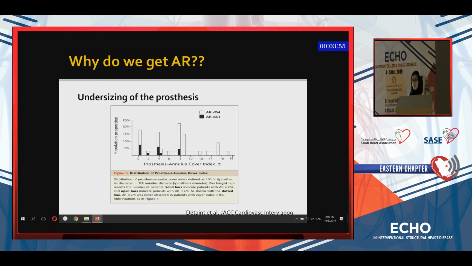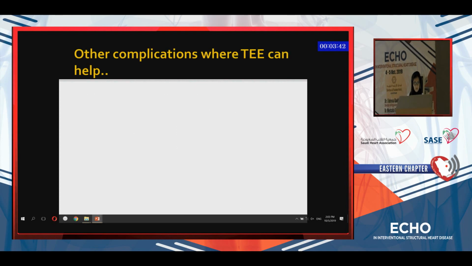If that value is greater than or equal to 8%, the chance of you having severe aortic regurgitation is low. But if it is less than 8%, you're more likely to develop aortic regurgitation. So that is another calculation that you can do using your echocardiographic findings.